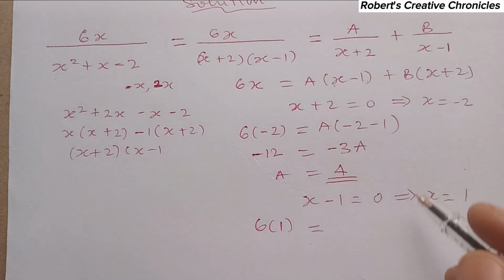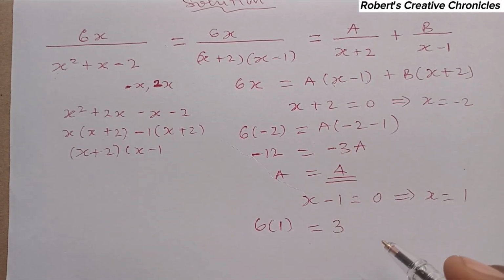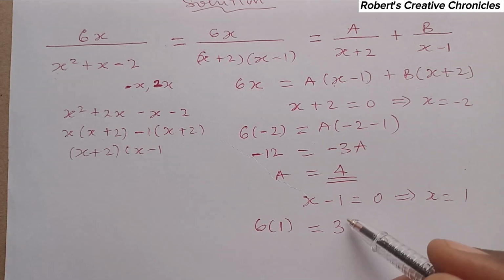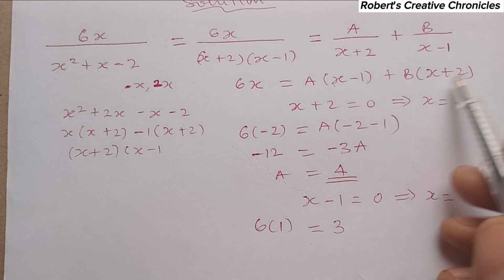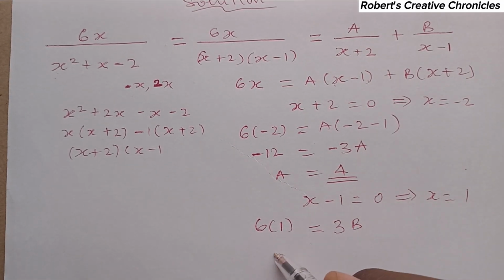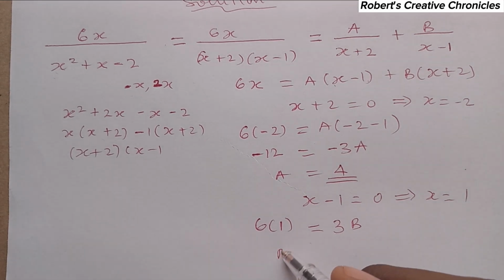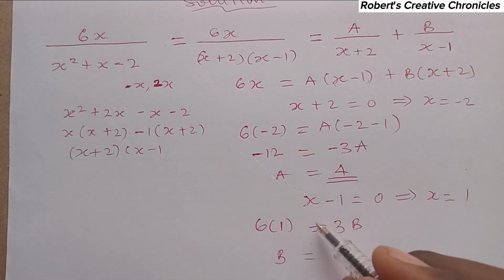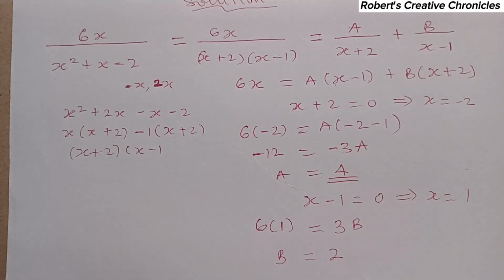Then 1 plus 2 is 3, so we have 3B. Divide both sides by 3, so B is 6 over 3, which is 2.